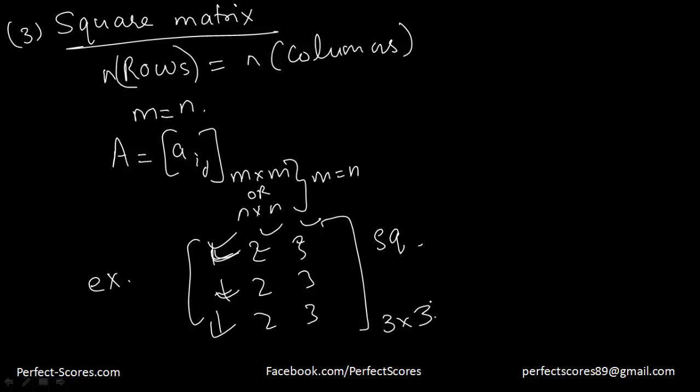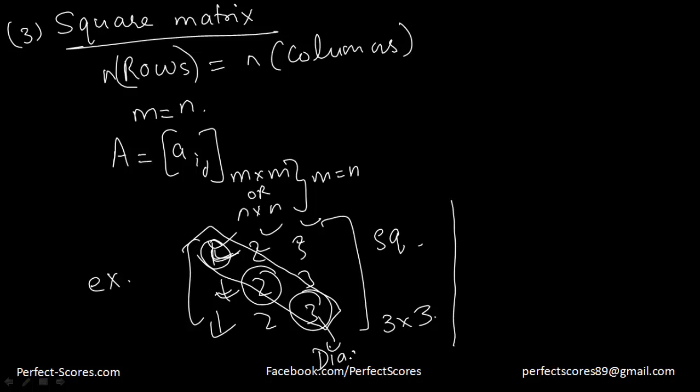Right? So I suppose you're understanding this point. And one more important thing for a square matrix is that the elements where the number of the row and the number of the column are equal, this element, this element, this element, these are the ones which constitute the diagonal of a matrix. I'll explain that again.